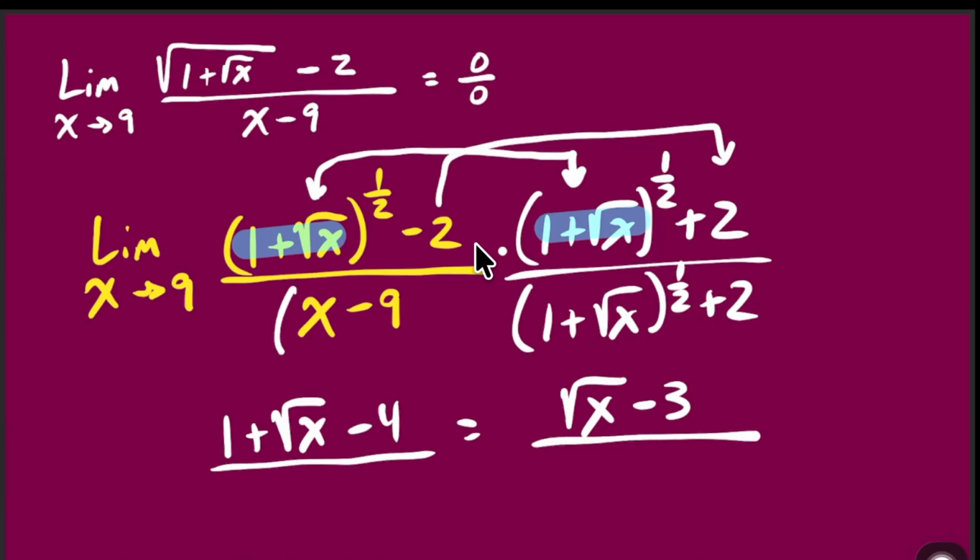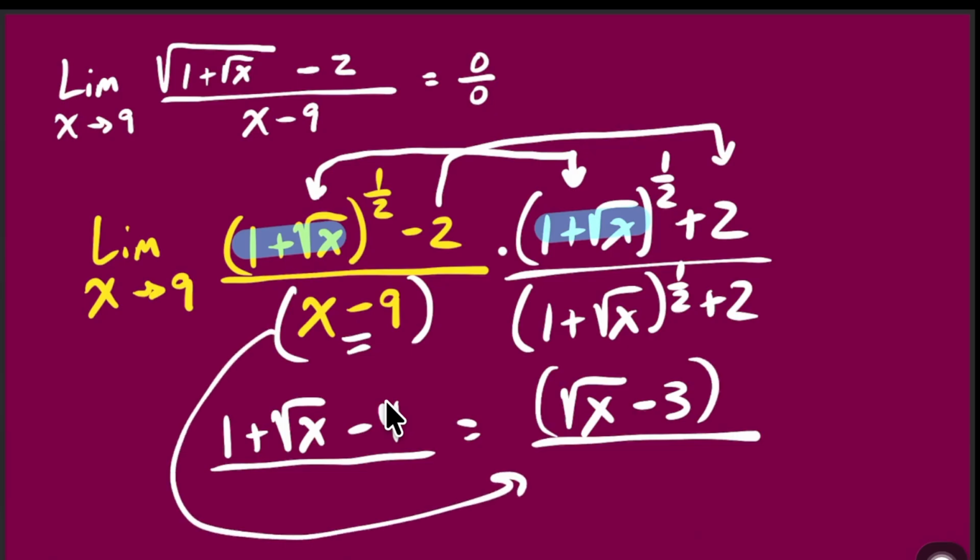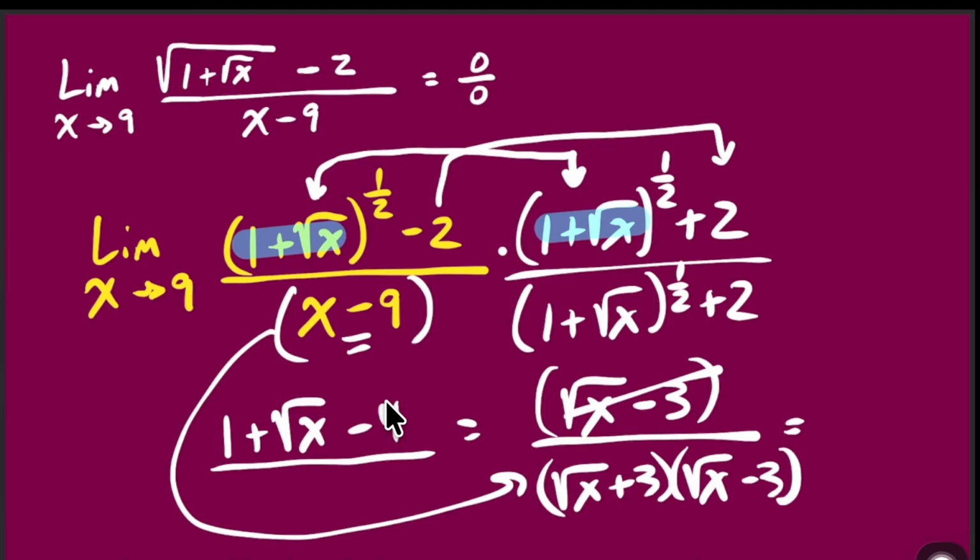Now, let's take a look closely at x minus 9. Folks, that's a hidden difference between two perfect squares. So this is going to nicely convert to square root of x plus 3, square root of x minus 3. That's going to allow us to cancel out these two terms.